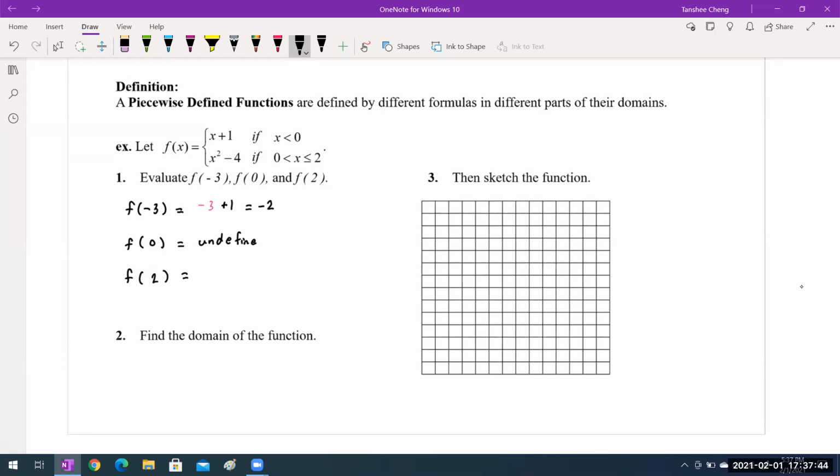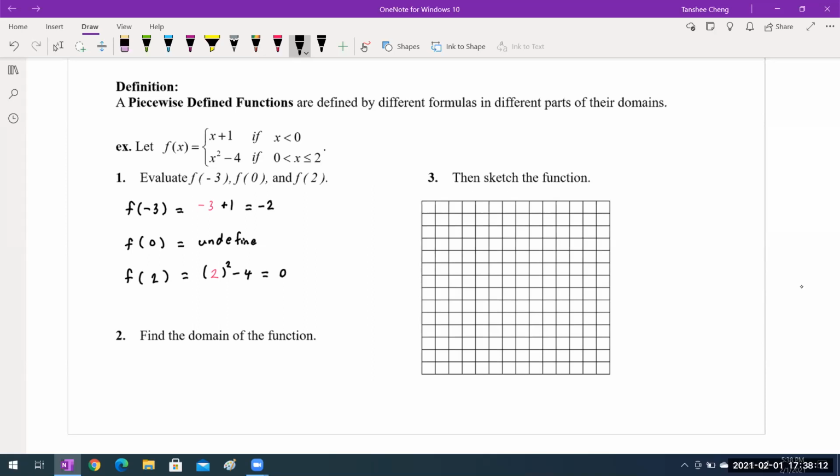Right? The x value is including 2. So therefore, I can substitute 2 into the second formula. So 2 squared minus 4, which will give us 0. So that's how you evaluate piecewise defined functions, making sure that you know how to check your restricted domains.